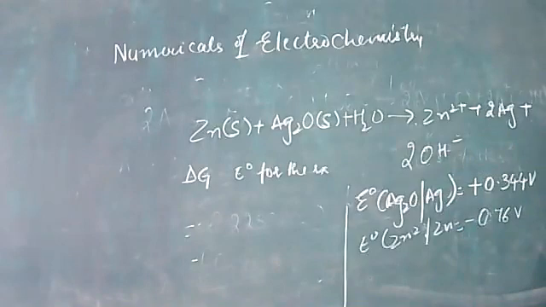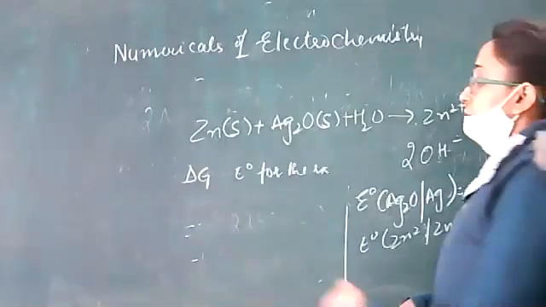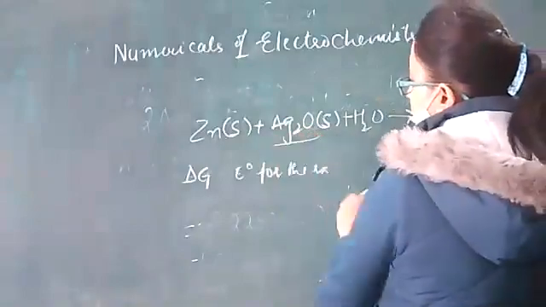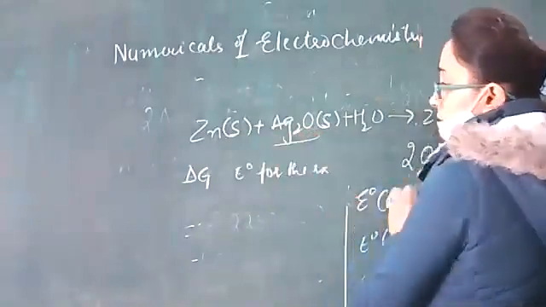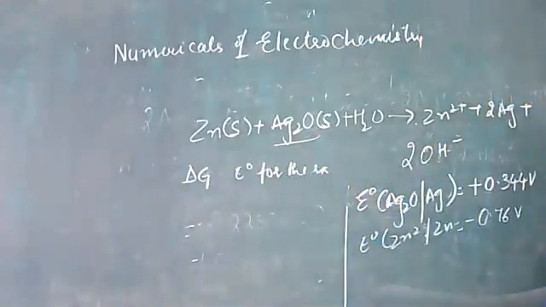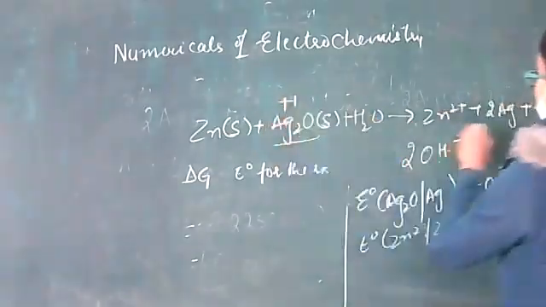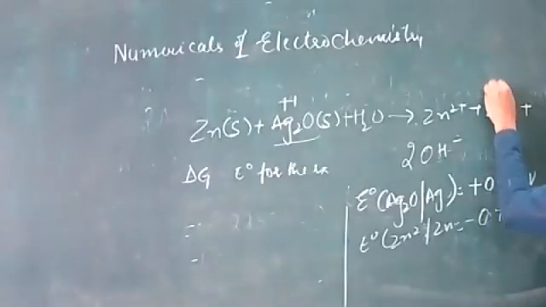So zinc is acting as anode and silver oxide is reduced. How did we find out? Zinc became zinc 2 positive. What is the oxidation state of silver here? It is positive 1 and it is going to solid 0.